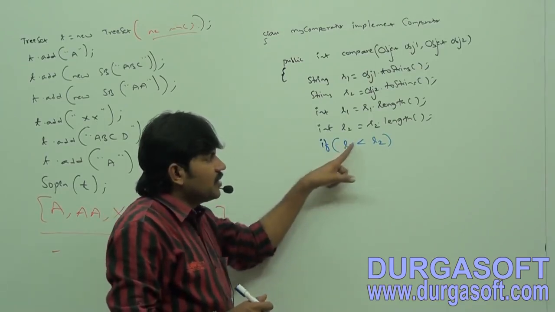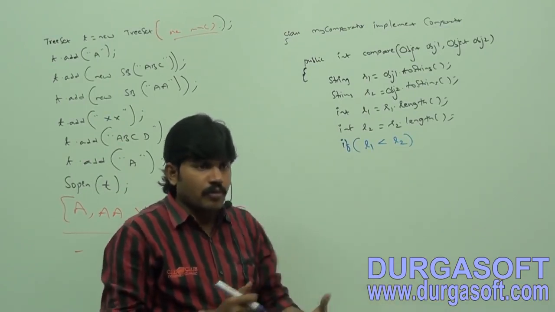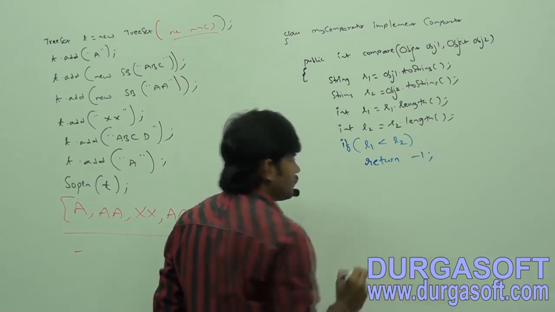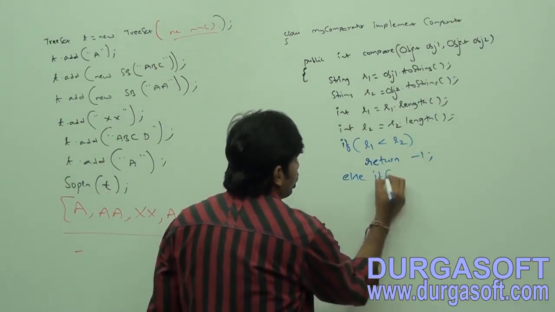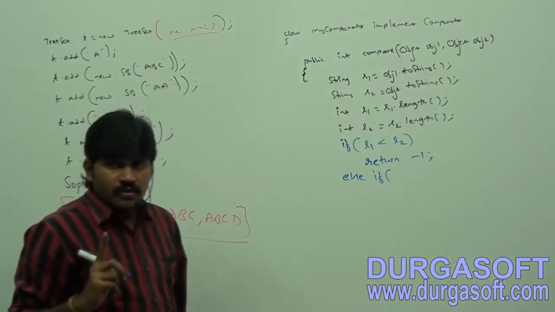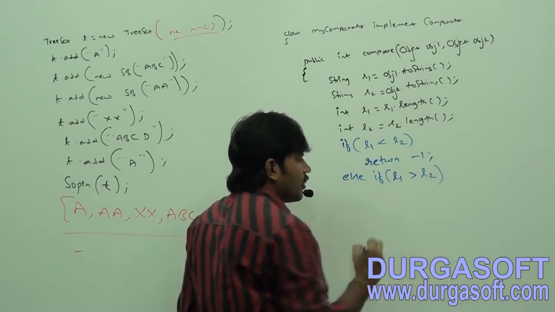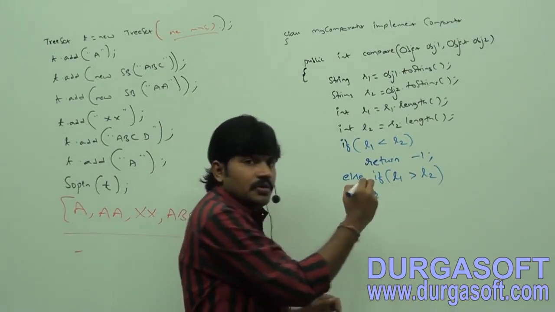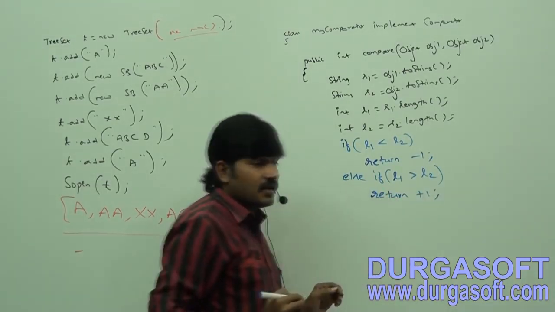So obj1 should come before, which means return -1. Else if l1 is greater than l2, the first object length is greater than the second, then return +1.